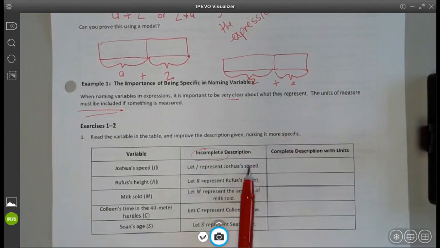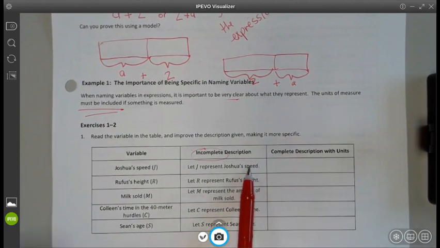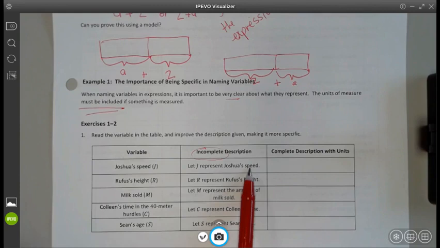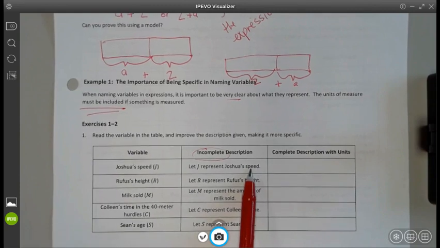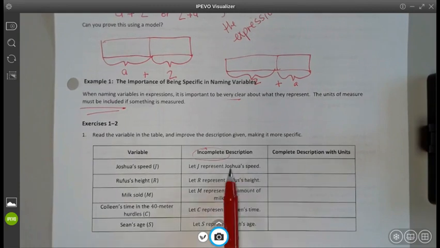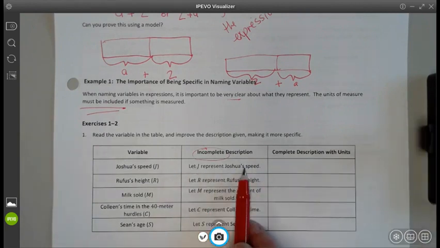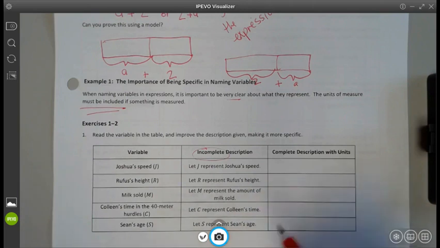So how do we measure speed? There's lots of different choices, but often we say miles per hour, right? You could also say meters per second, feet per second, things like that. So we could use any of those, but let's use miles per hour. So we're going to improve upon this. We're going to keep this part the same, and then we're going to make additions to it.